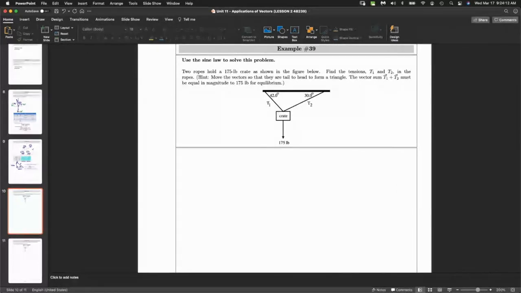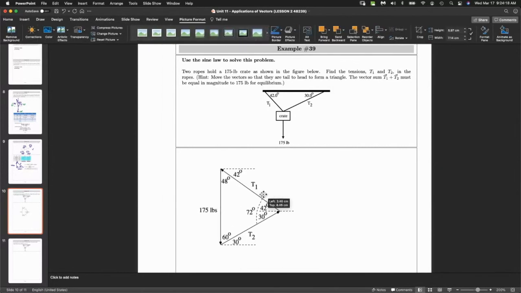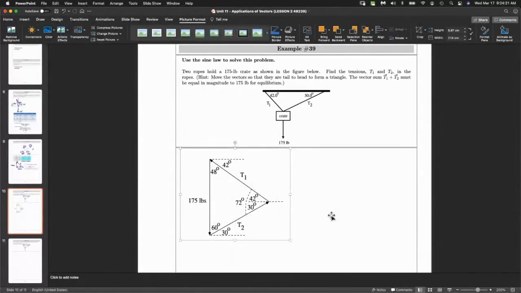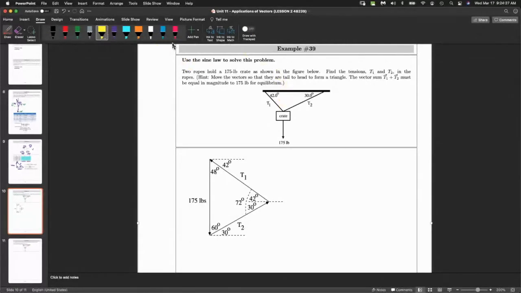Since we have seen this question in the past, I am going to go straight to the force triangle, which is right here. So let's take a look at that and do a little bit of clarification here. There are three forces acting on the object. There's T2 going this way and T1 going this way, and then there's gravity going down.